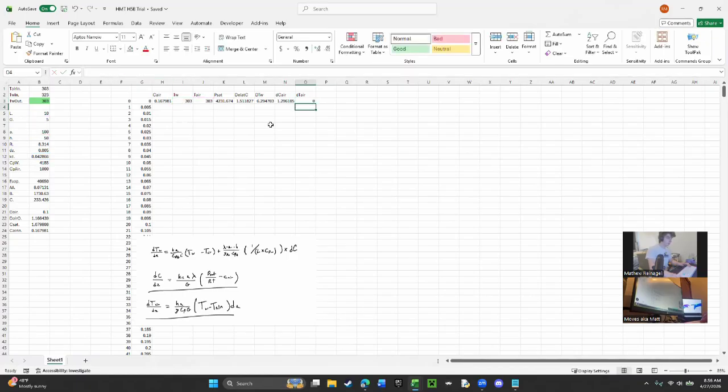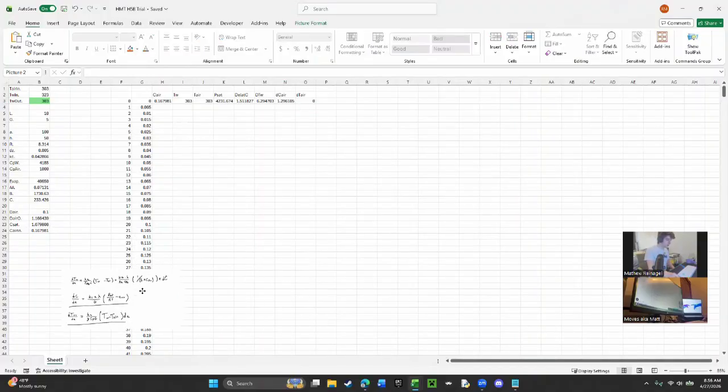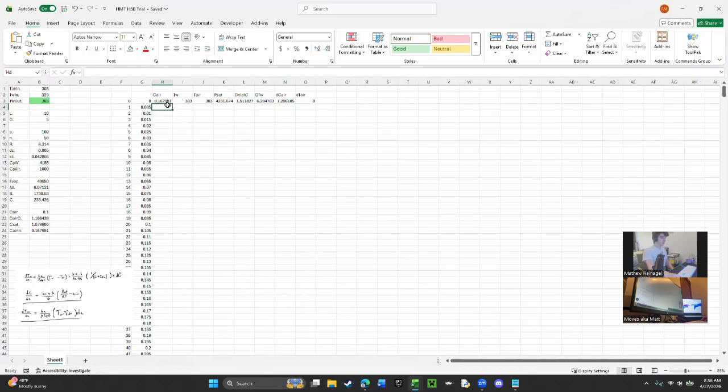There we go. Okay, so now what we're going to do is use Euler's equation to fill in the values for the rest of the temperatures here. This is going to be set equal to the temperature above plus d of z multiplied by the change in the concentration of air.